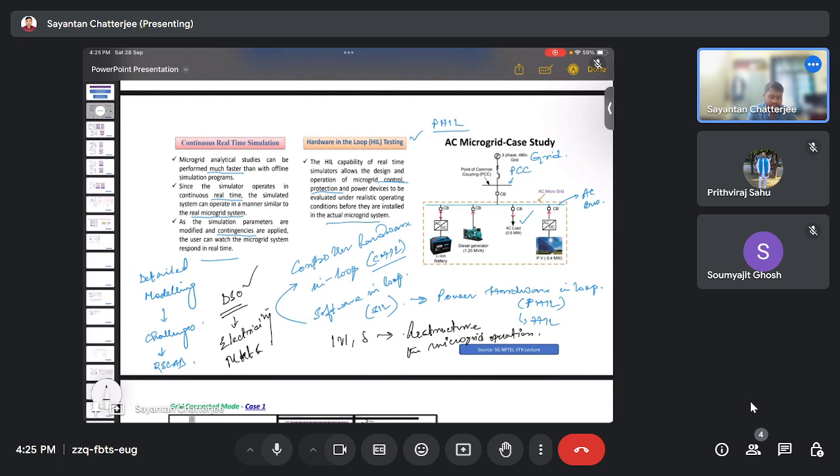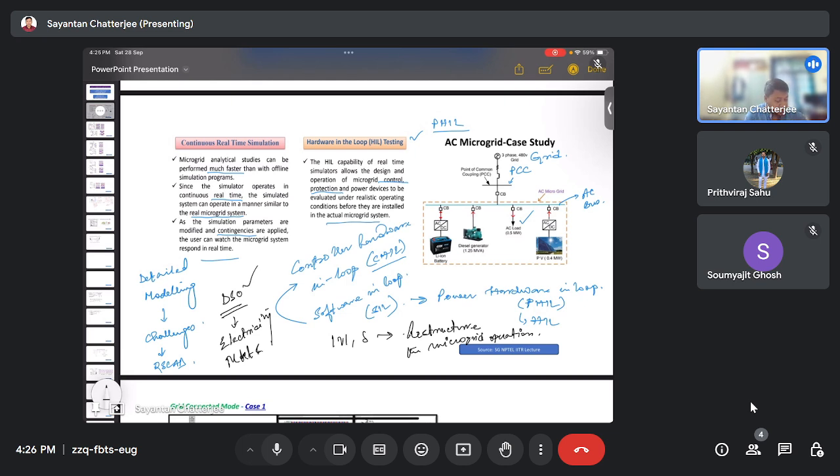Because once it is off grid from the point of common coupling, if the grid is out, then we can definitely say that the system is off grid, and we can get the outcome as follows.